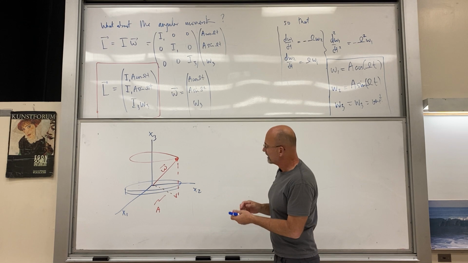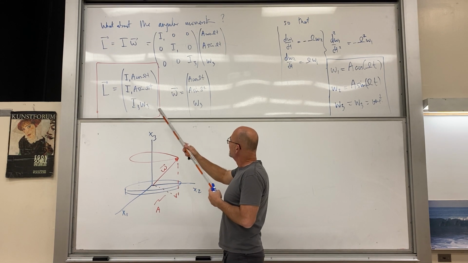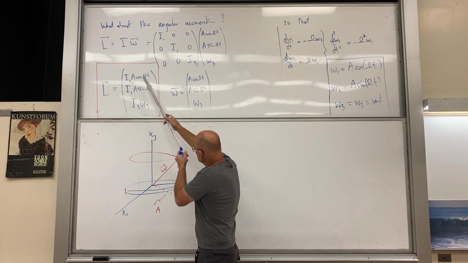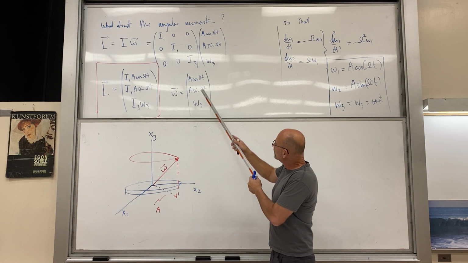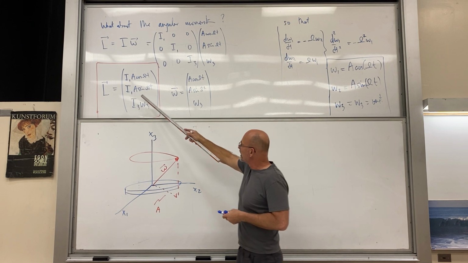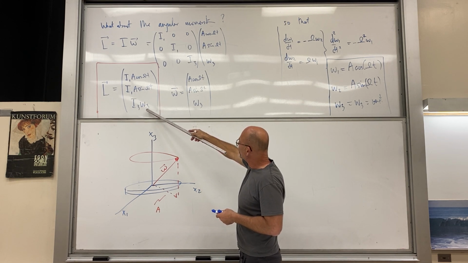Now, what about the angular momentum? You'll notice that the angular momentum has a projection onto the x1, x2 plane that is parallel to this projection. It's just multiplied by I sub 1, and it has a third component that's just multiplied by I sub 3.